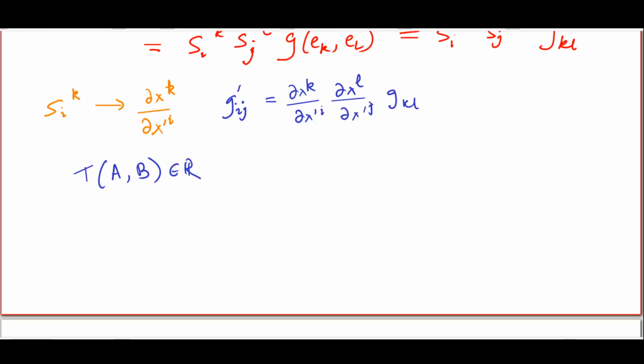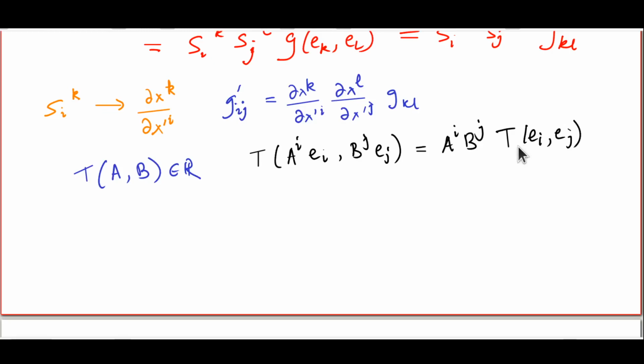Now, if we do that, we can of course write the action of this map T on the vectors A, B in terms of the components A^i e_i and B^j e_j, and just by following the argument that we had given a while ago, this simply becomes A^i B^j times T acting on e_i, e_j.